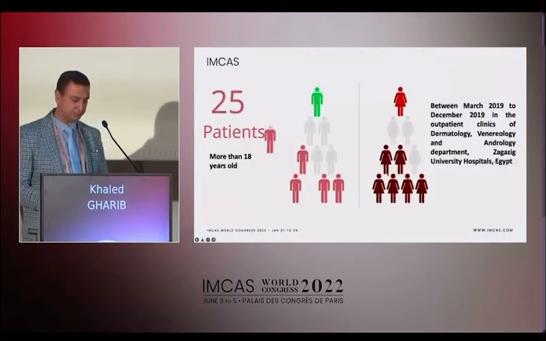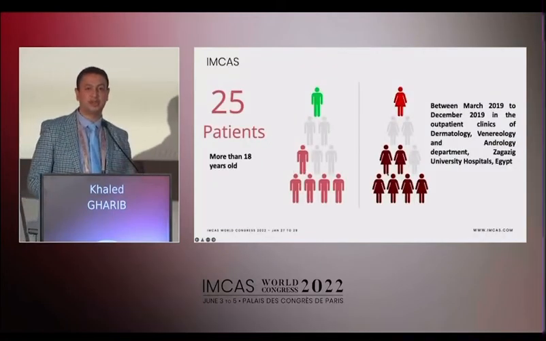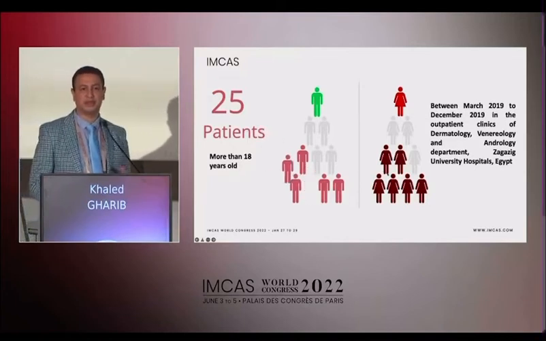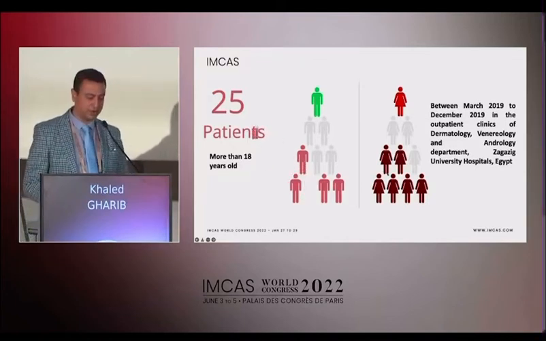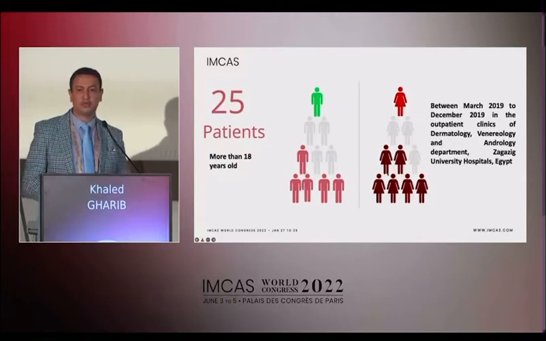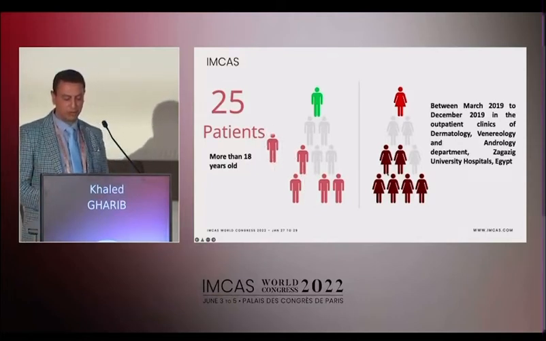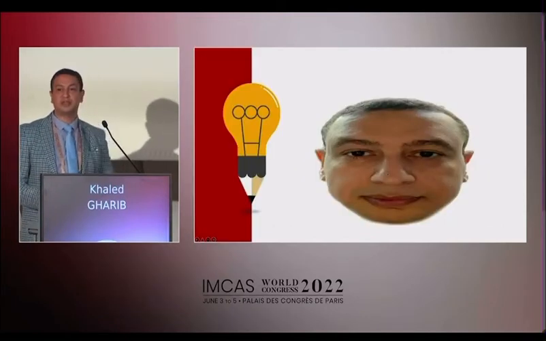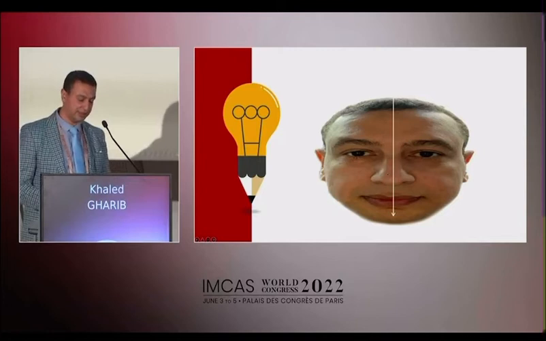We selected 25 patients in the outpatient clinic, usually with acne, over 18 years of age. The collection time was between March and December 2019 in Egypt. On the face, we used a split face technique.